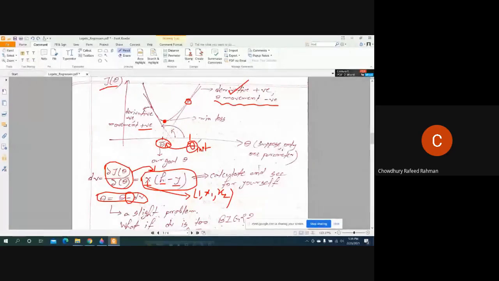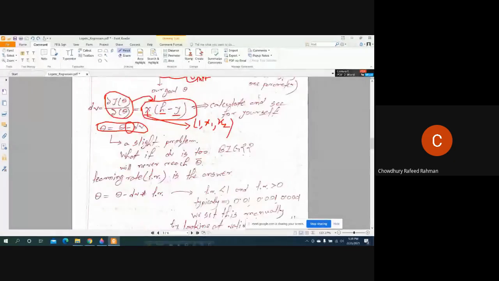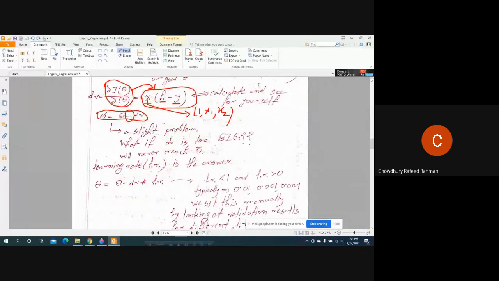We want to iterate. We want to move in small steps right here. Now we actually don't know how big the value of theta is. The value of theta may be very, very big, or very, very small. There can be many issues. A big problem will arise if the value of dv is very big.